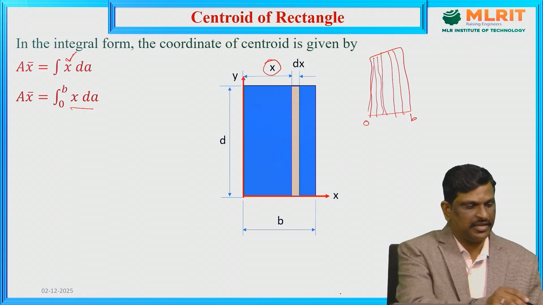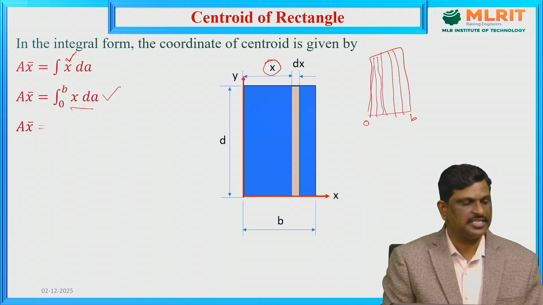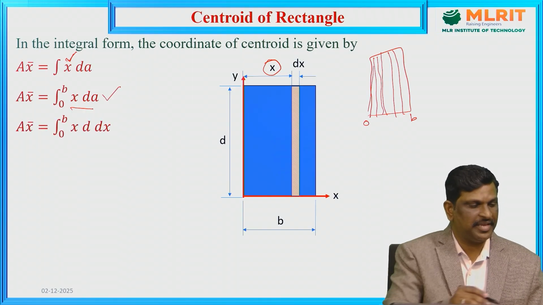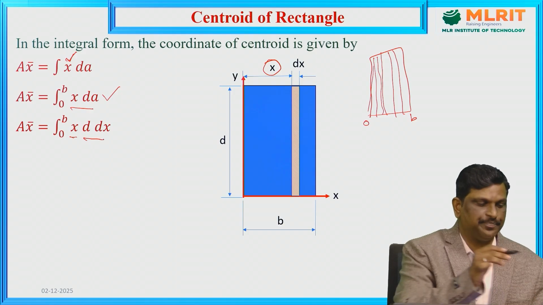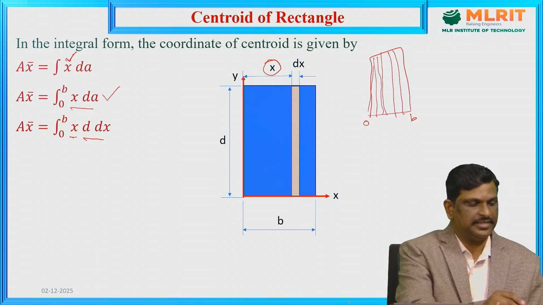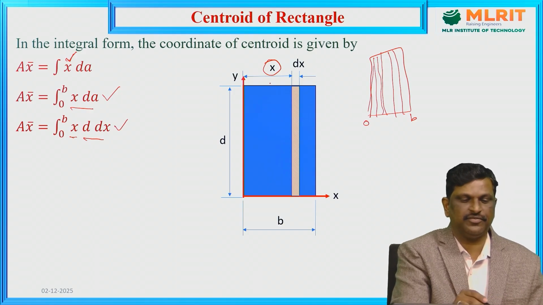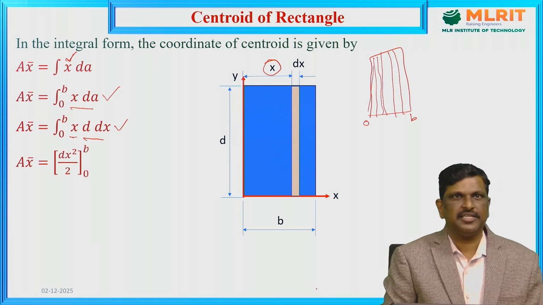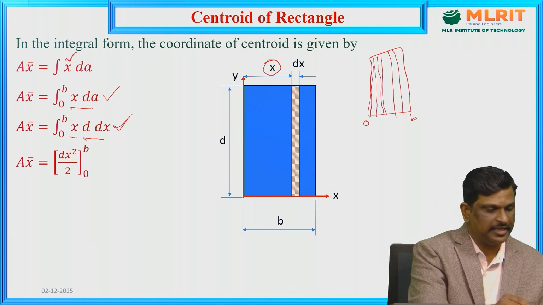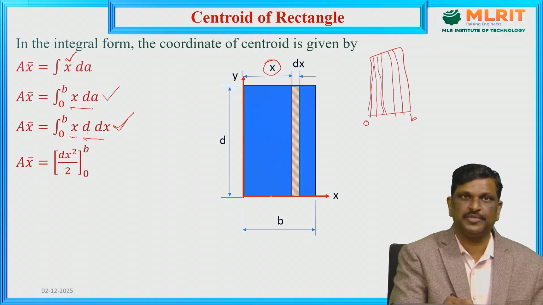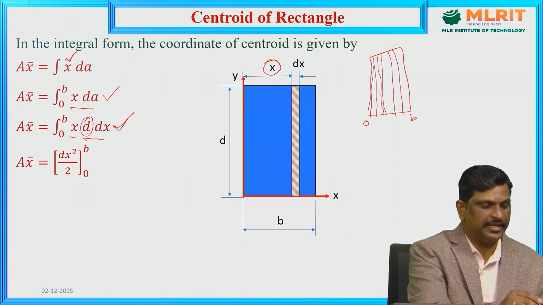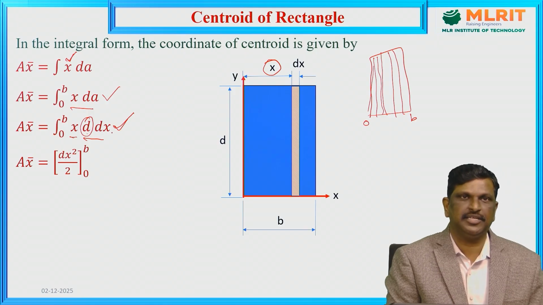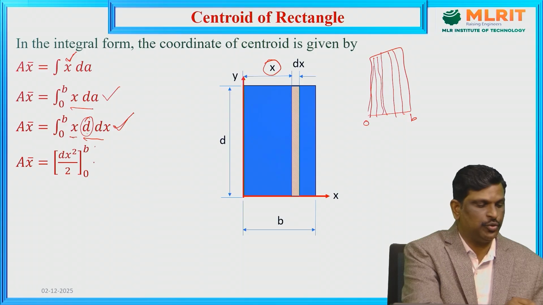Now substitute the remaining values. A x bar is equal to integral 0 to b of x into d dx. d dx is the area and x is the distance of the strip from y-axis. Complete the integration. Here d is constant for all the strips, so d will be taken out of the integration. x dx integration is x square by 2 and the limits are 0 to b.